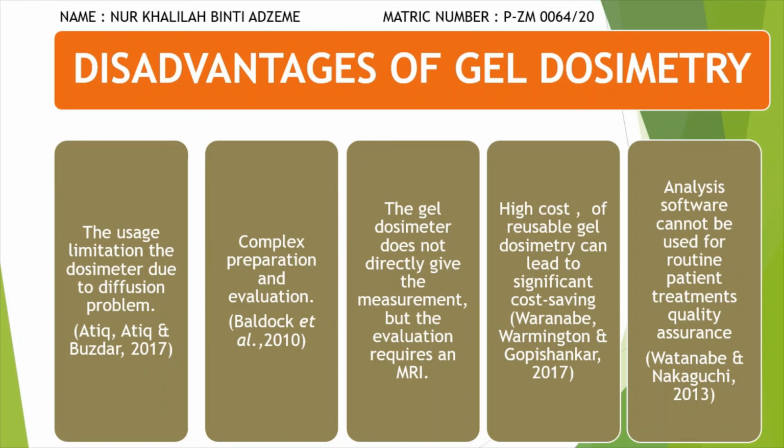According to Baldock et al. 2010, the gel dosimeter requires complete preparation and evaluation. Fricke gels are more sensitive to conditions such as impurities and temperature during preparation, irradiation, and the layout. During the preparation of the polymer gel, proper safety precaution is needed.